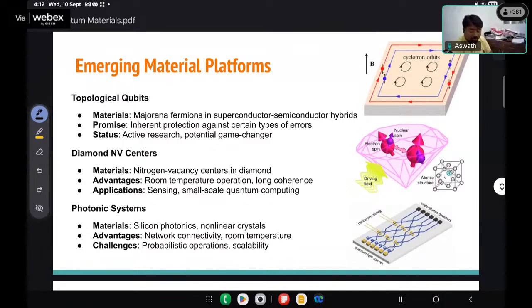Other corporations, Google and others, objected to the claim, so there is a debate going on. But what one can say is that Majorana fermion-based qubits are going to be very, very effective. Majorana fermions in superconductor-semiconductor hybrids is another thing people can think of with emerging technology.